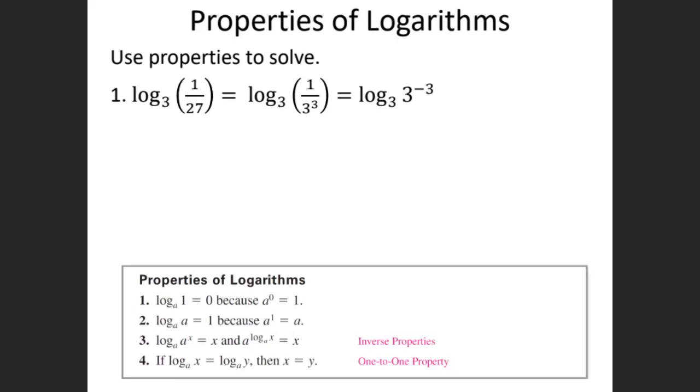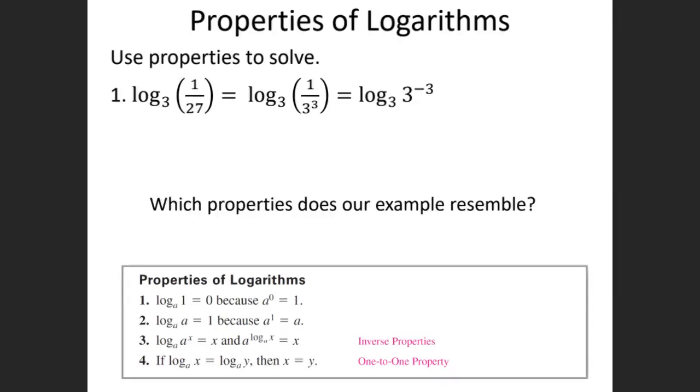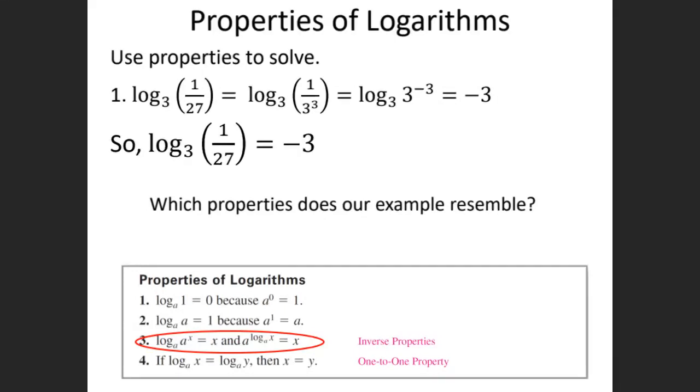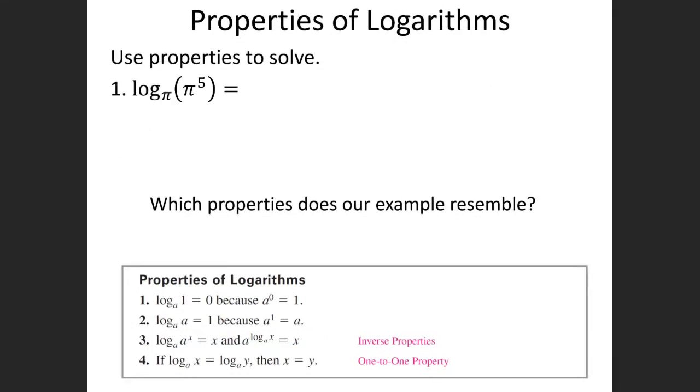I can use my power rule, saying that I just multiply this negative 3 to my log. So that's going to give me negative 3 times the log of base 3 of 3. And then I can use this property: if I have a log with the same base and I'm inputting the same value, the value is just going to be the exponent. So my answer is still negative 3. Those are the two ways that we can use to solve these problems.